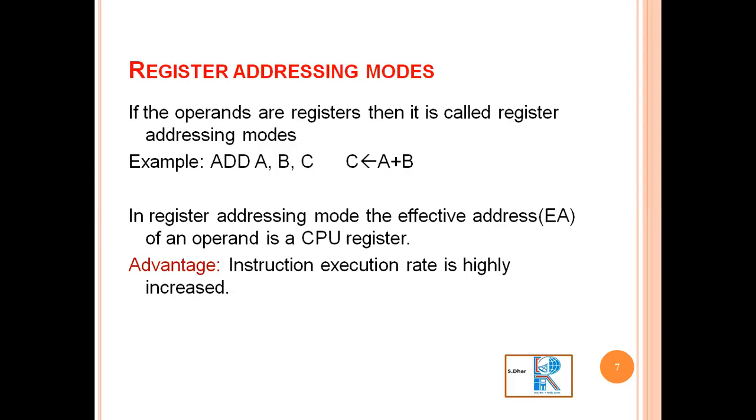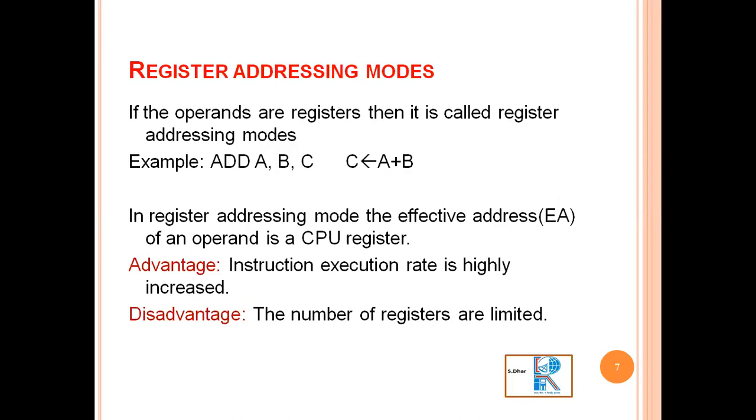So this is the advantage of using the register addressing mode, where all the addresses of the operands are registers. Clear? There is also a disadvantage. What is the disadvantage? The disadvantage in the register addressing mode is that the number of registers is limited. Suppose you are using a machine which has 16 general purpose registers.